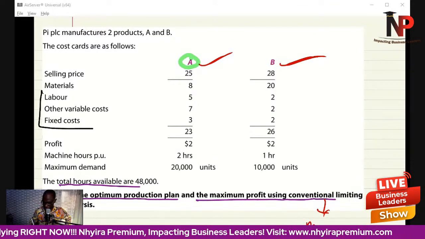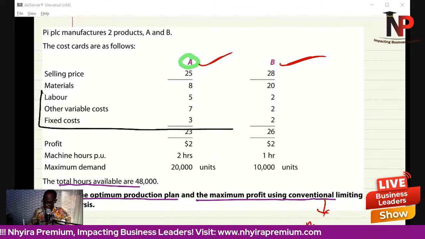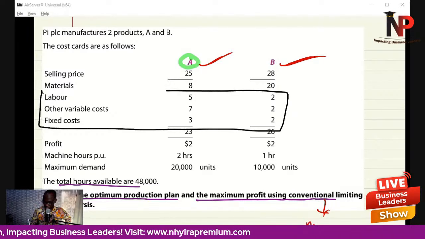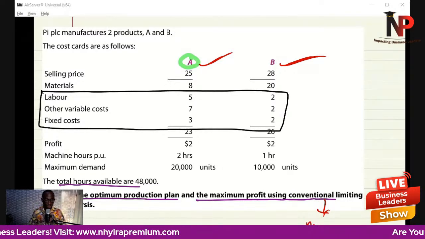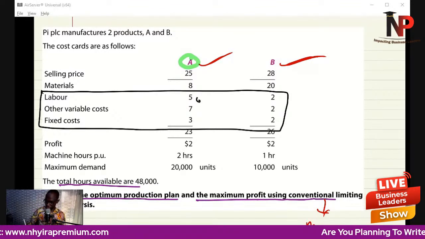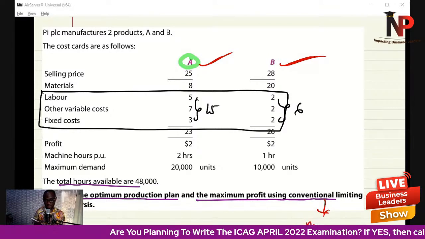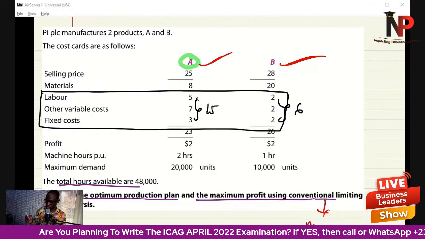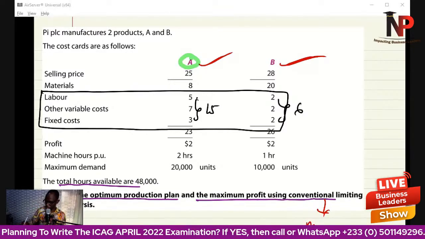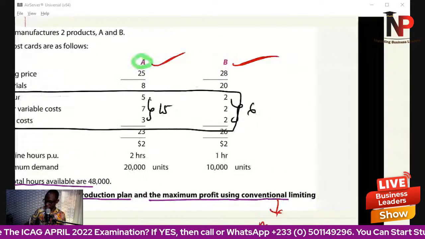So labor, other variable overheads, these three will add up as factory cost. So this is 12 plus 3, and so that's going to be 15 here. That's going to be 6 here. So the factory cost per unit is 15 and then 6.